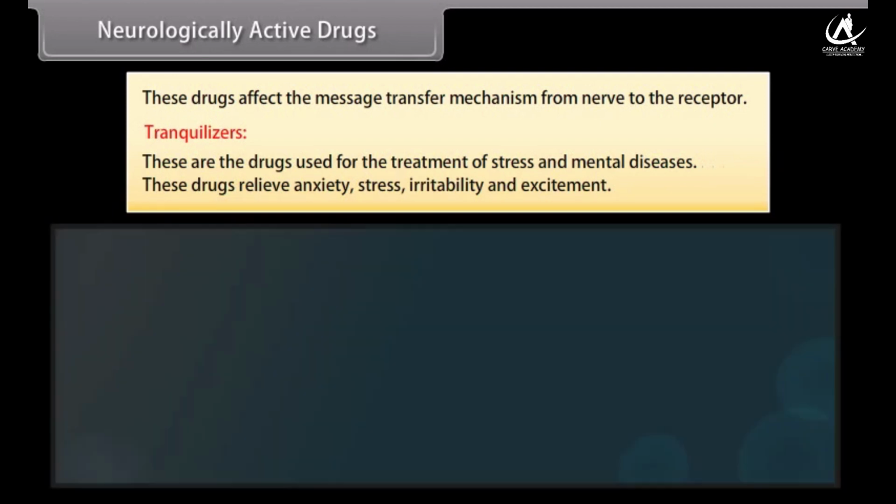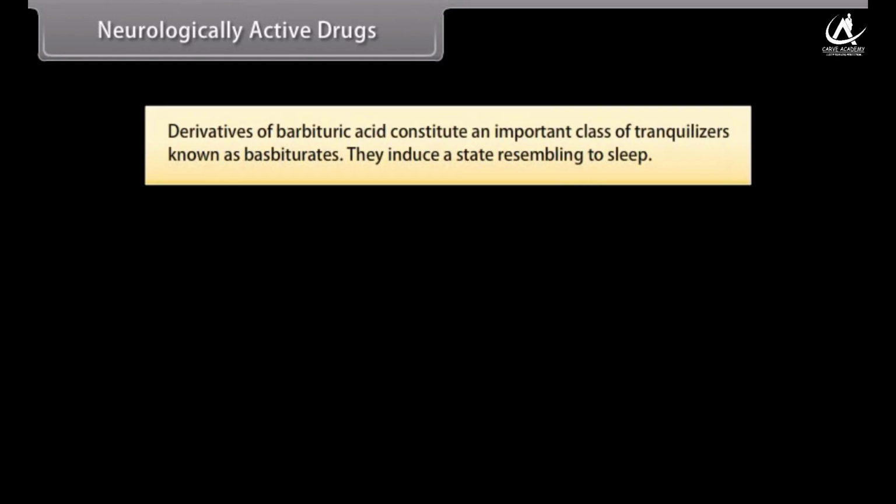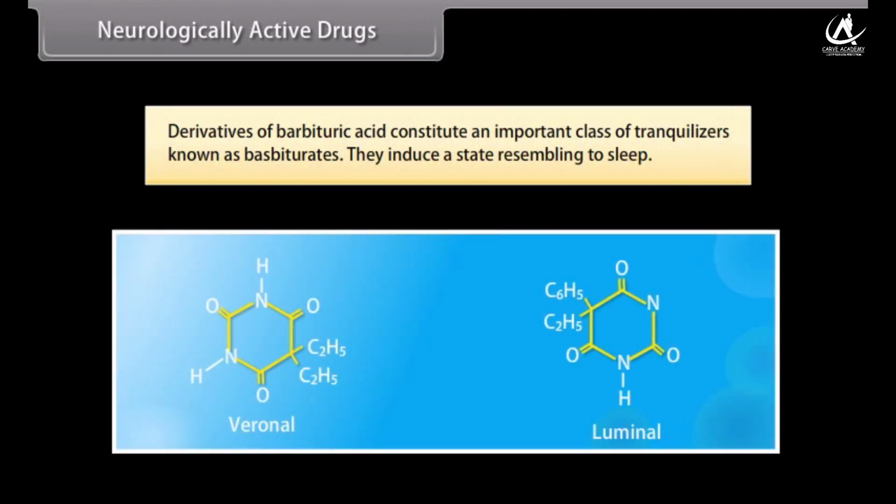For example, chlordiazepoxide and meprobamate are mild tranquilizers. Derivatives of barbituric acid constitute an important class of tranquilizers known as barbiturates. They induce a state resembling sleep. For example, veronal and luminal.